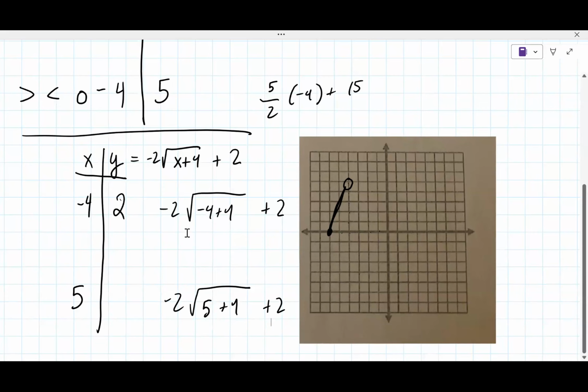Okay, that 5 plus 4 is 9. So -2 times the square root of 9.